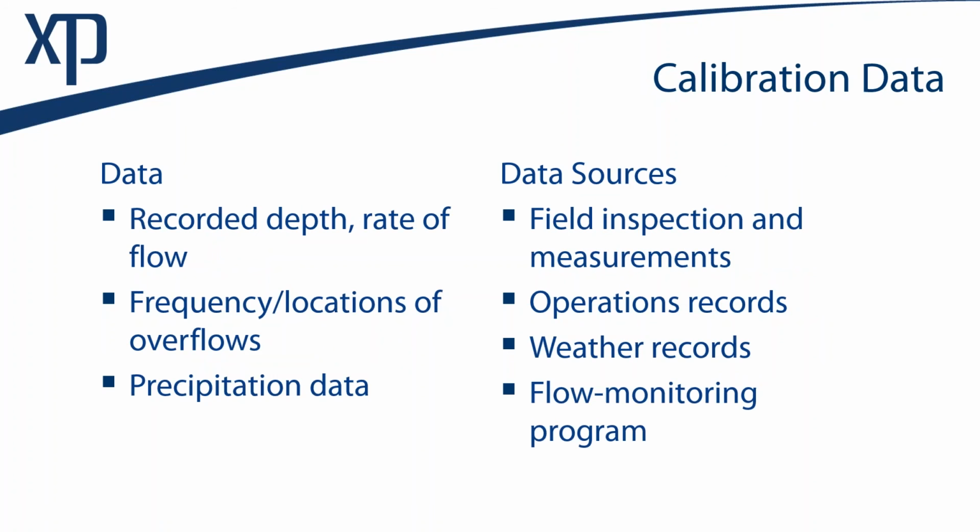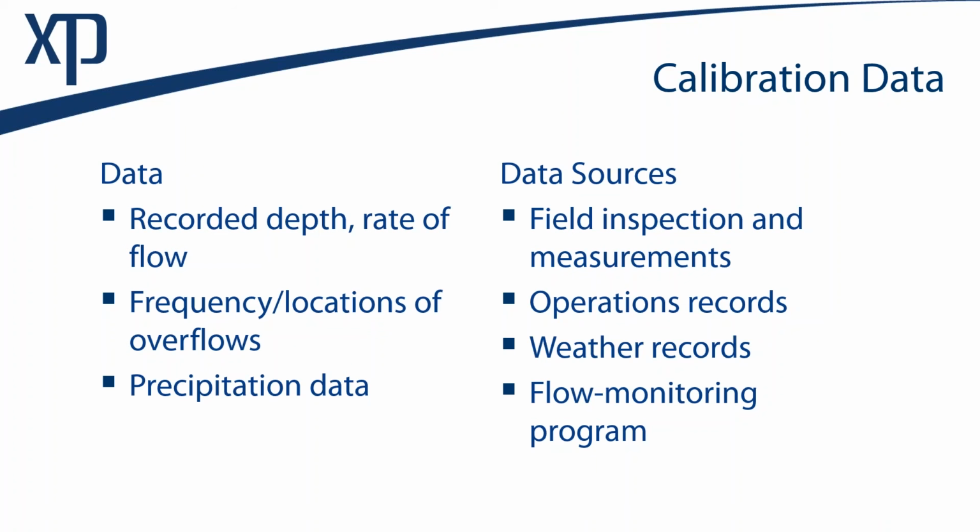Finally, how do we calibrate the model? We need calibration data. So again, we're going to typically get that from field inspection and measurement of recorded depths and rates of flow. We want to keep accurate operations records. We want to document the frequency and location of overflows. We typically have good weather records, right? All of us have access to accurate weather information here in the United States.